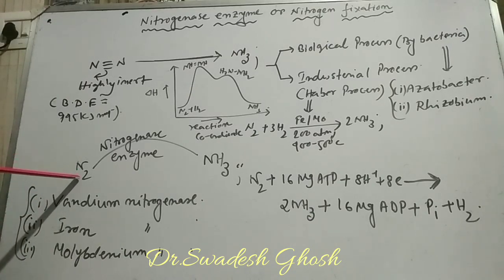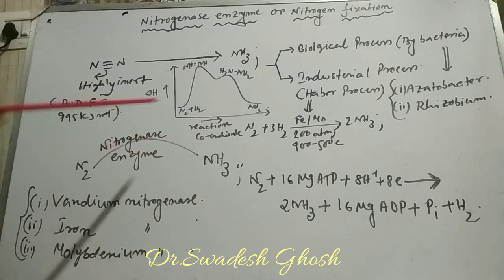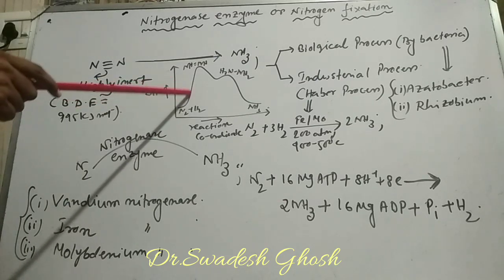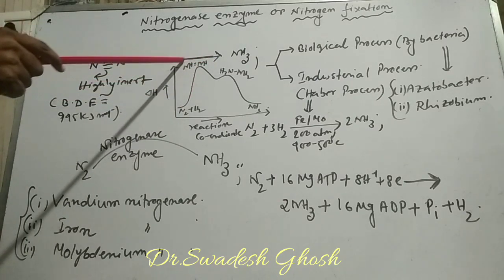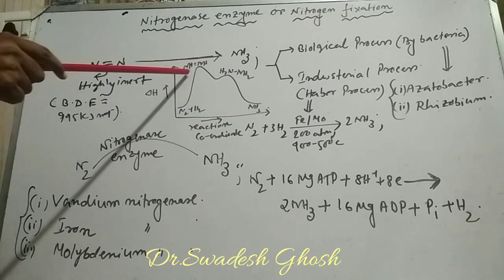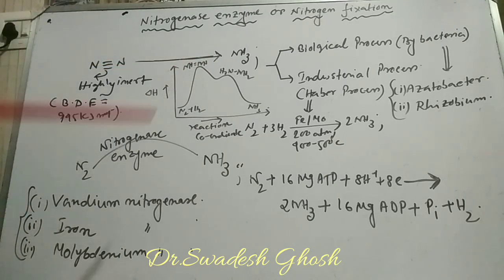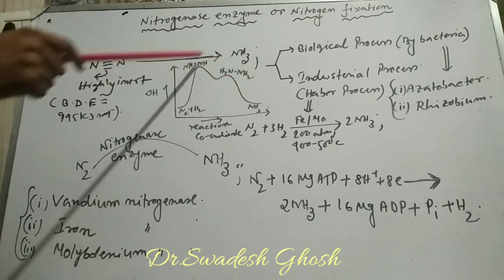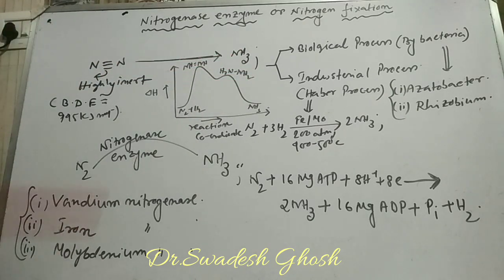Now nitrogen is converted to ammonia by the formation of two intermediates. The intermediates are known as diazine and hydrazine, and then it can form ammonia.